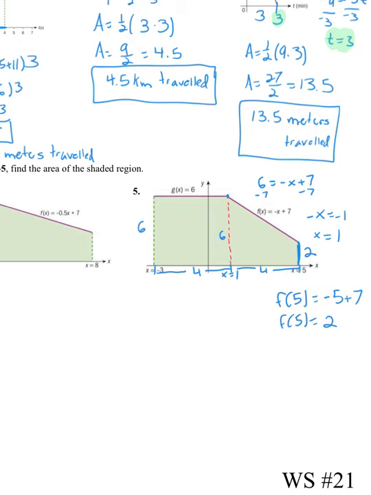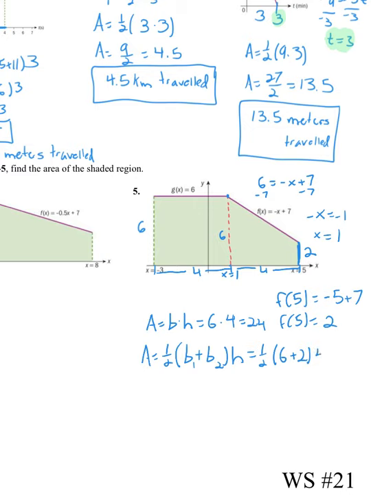We start with the rectangle, base times height, 6 times 4, 24. The area of the trapezoid, 1/2 base 1 plus base 2 times the height, which is 1/2 of 6 plus 2 times 4, which is another 16.